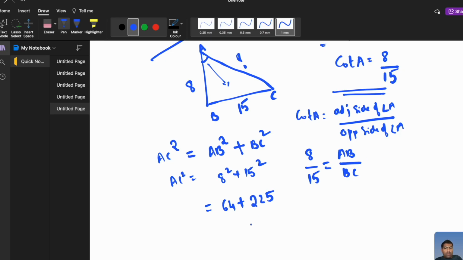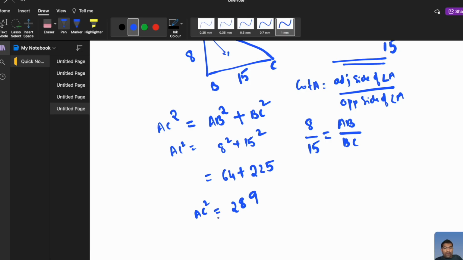So let's add both, and we get 289. So 289, I think it is 17 into 17.